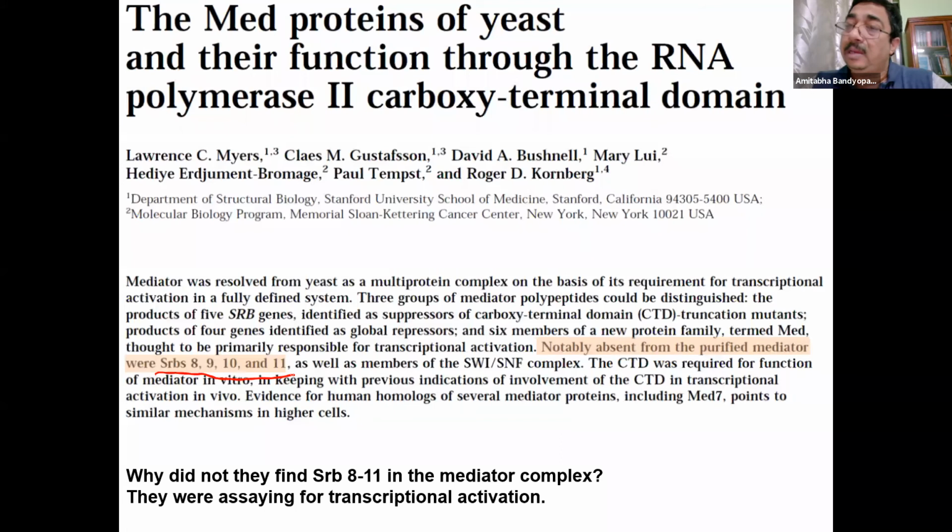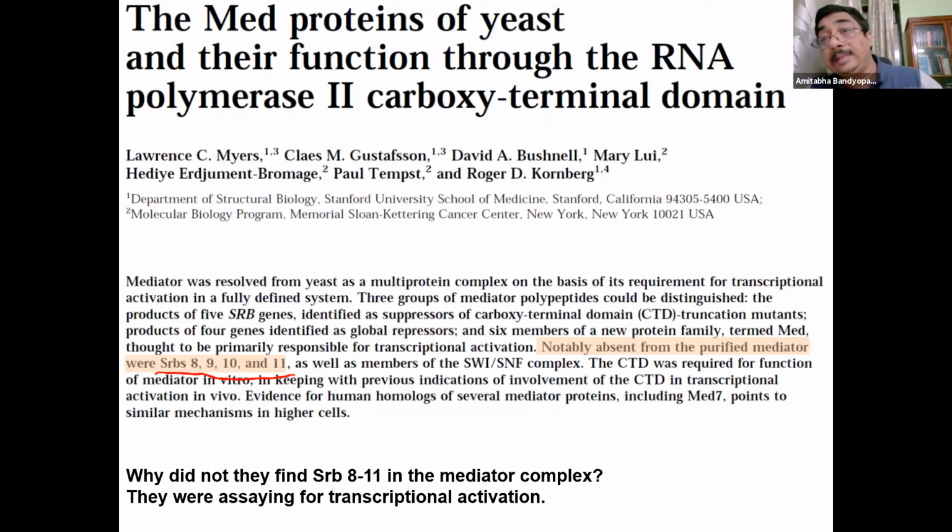Now, see the interesting aspect that SRBs are somehow involved with interaction with RNA-pol2. And many of the SRBs are involved in activated transcription, but these 4 SRBs were excluded.